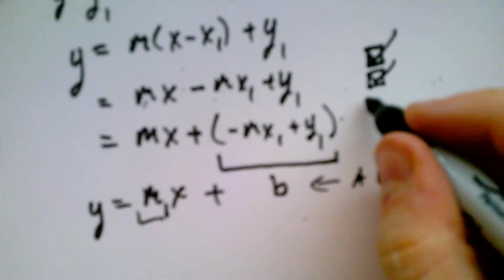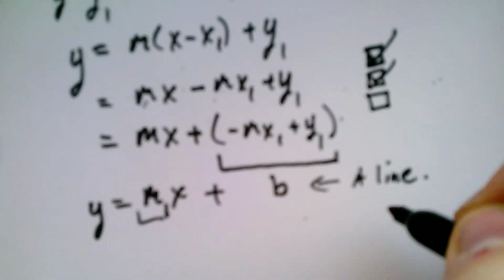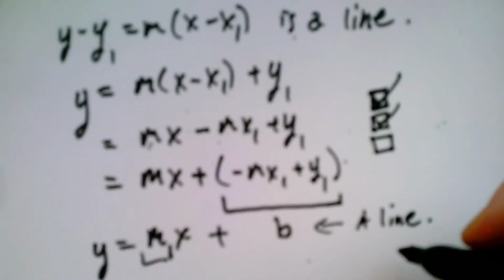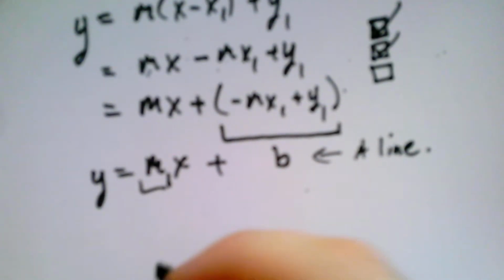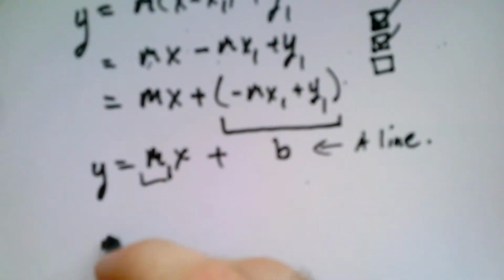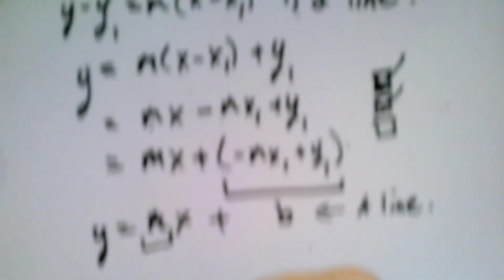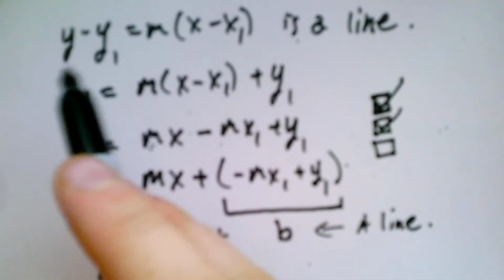The final checkbox that we need is we need to know that we hit the point x1 comma y1. So the way that you check to see if an equation hits a certain point is you plug in that point. So here's our formula. We're going to plug in x1 for x and y1 for y.